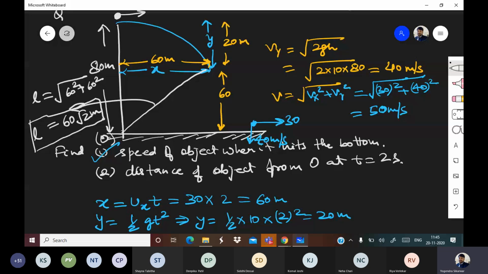Okay. See, when you are solving questions in physics, don't rely too much on mugging formulas. Understand what is happening, how the particle is moving, where it will reach. If you are getting that value from the formula, that means actually it is from here.